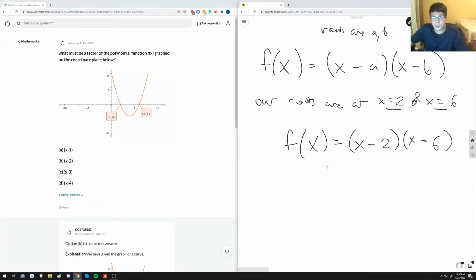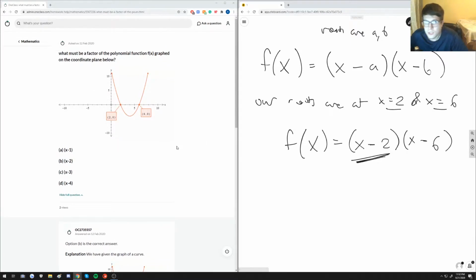Now the question asks, which is a factor of this function? We know that the factor of this function would have to be x minus 2, because it's literally a factor that we get from writing our parabola in factored form. So for that reason, we know that x minus 2 is the solution to this problem.